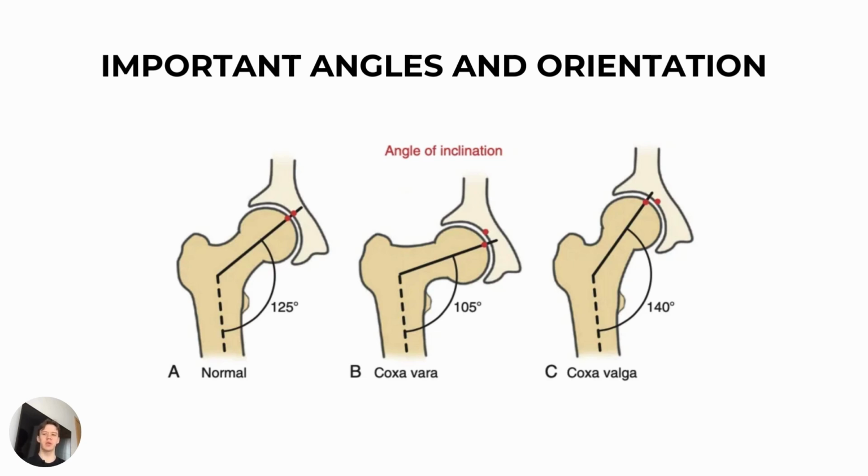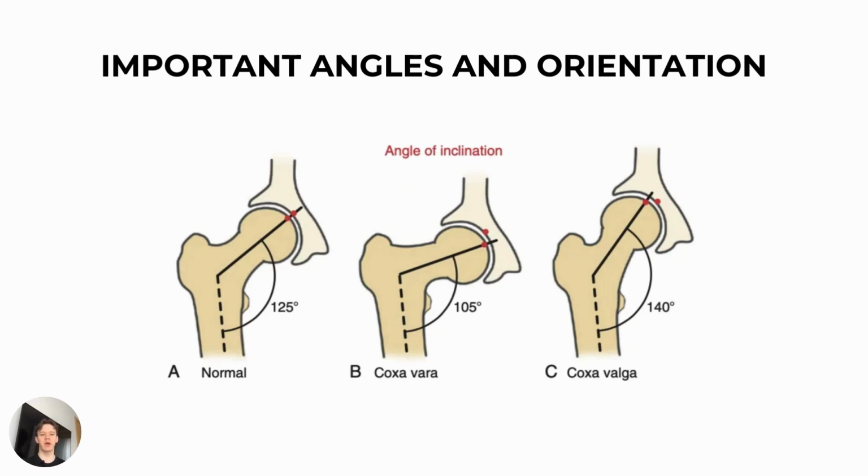At birth, we know that the angle is approximately 165 to 170 degrees, and between ages 2 and 8 years, the angle decreases by 2 degrees due to muscle activity and axial loading. Subsequently, this decrease continues variably until reaching a normal value of approximately 125 degrees in adulthood.